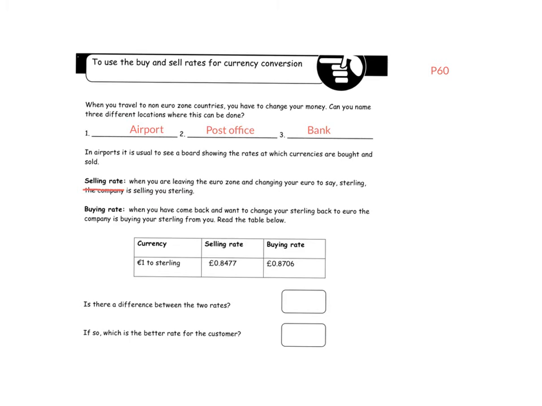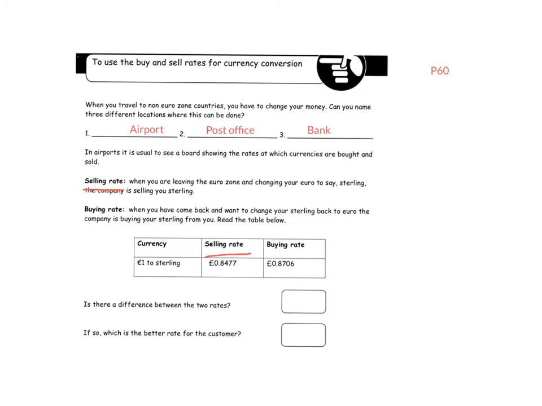selling rate is when you are leaving the Eurozone. So basically when you want to travel from, let's say, Ireland to another country and you want to buy another currency. So if you want to convert, exchange, let's say euro to sterling, you want to buy dollars or you want to buy yen, then you will be looking at selling rate.